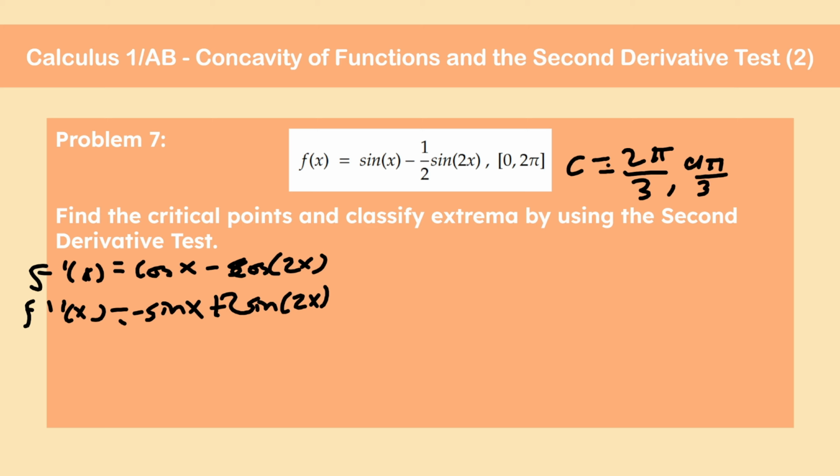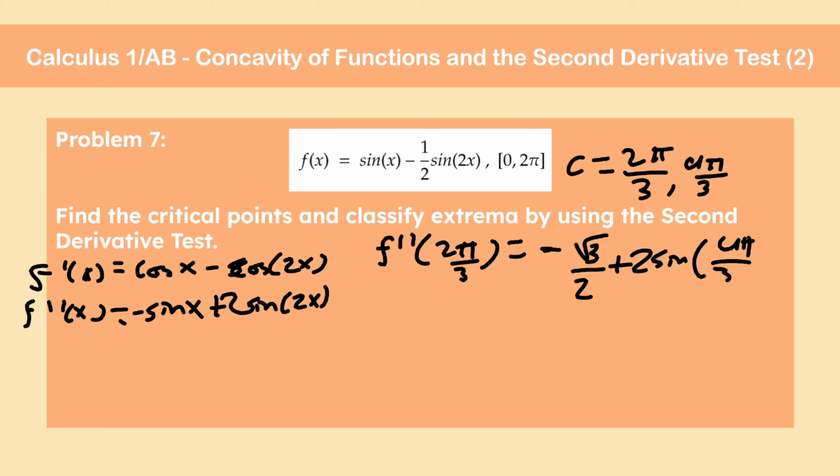And now we're going to plug in the C values to see whether it's a relative maximum or minimum or neither. So let's plug in the second derivative at 2 pi over 3. That would be negative square root of 3 over 2 plus 2 sine 4 pi over 3.